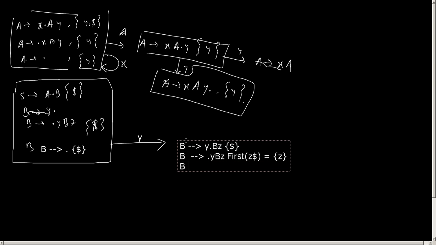Similarly for B → ., the look ahead symbol will be only Z. So this is one state.